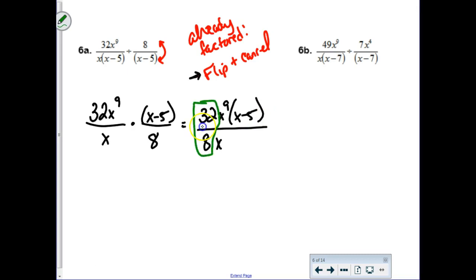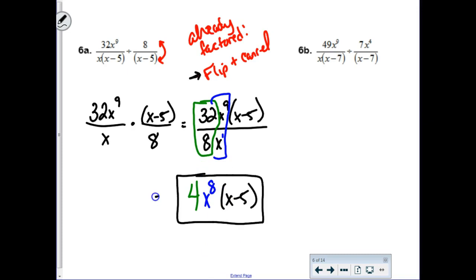But this coefficient, you can math enter that or just divide it, can reduce, and also these monomial pieces can reduce as well. So 32 over 8 is a 4, and then x to the 9th over x to the 1st would be x to the 8th, and then you already had an x minus 5, and since there's nothing in the denominator, you can say over a 1, or you can just say here's my answer.